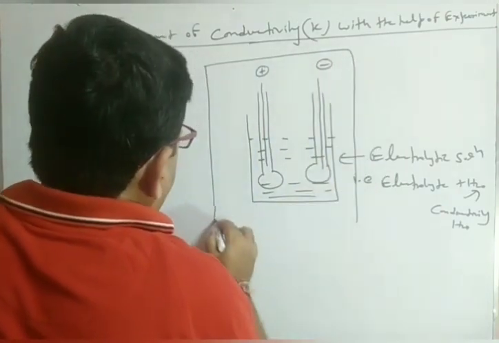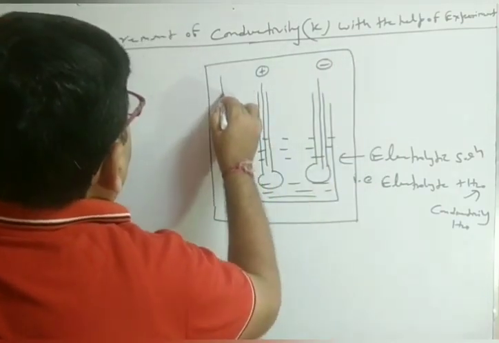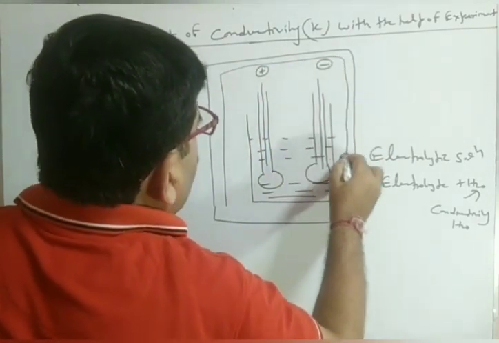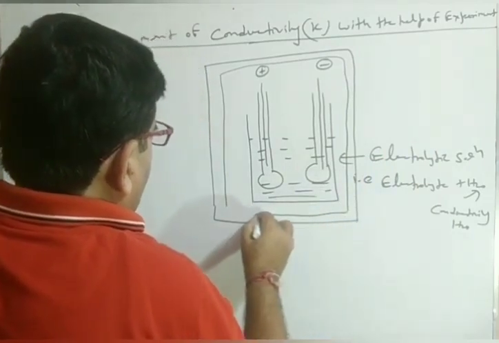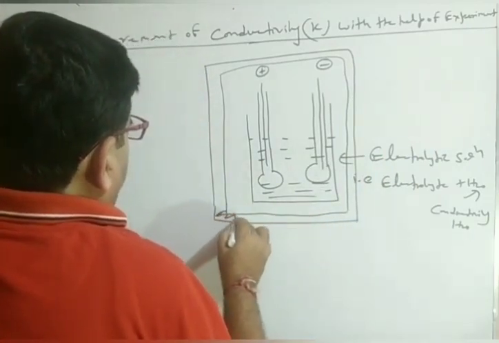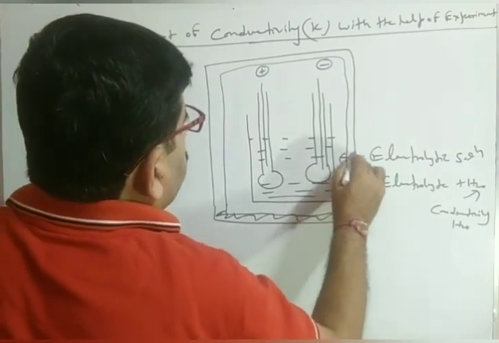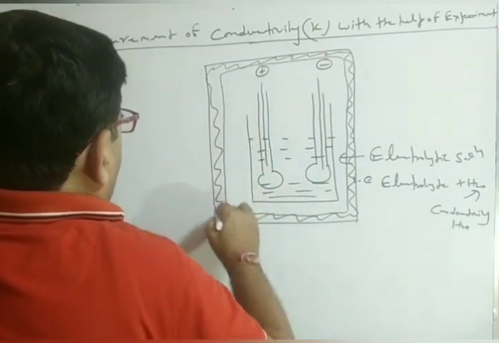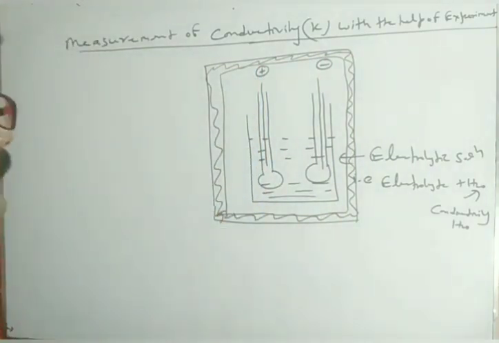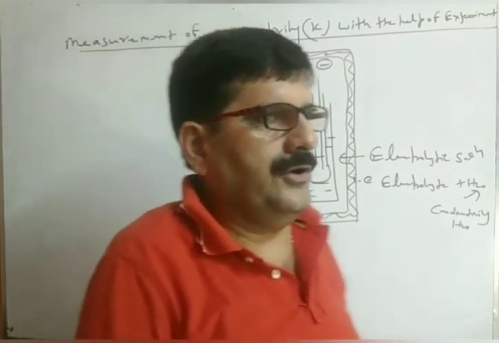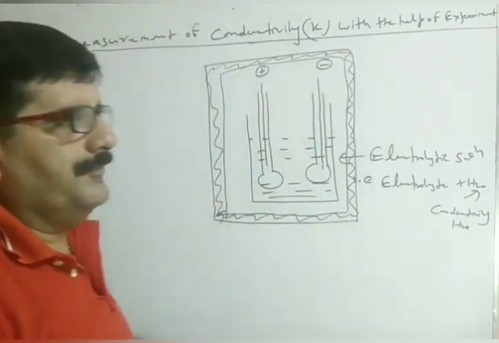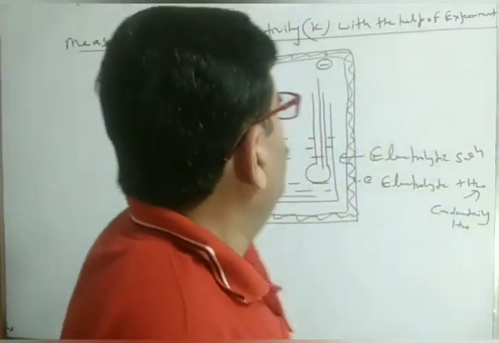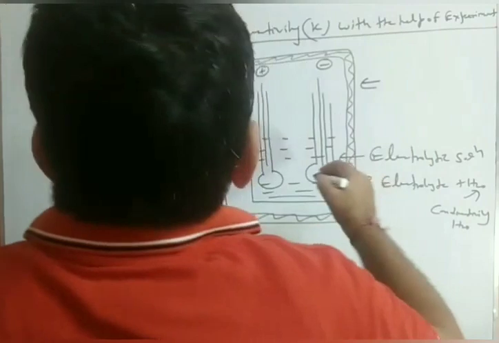The whole apparatus is sealed to create a thermostat, so that neither heat is evolved nor absorbed in this process, because you know that conductivity depends upon temperature. So this is said to be what?